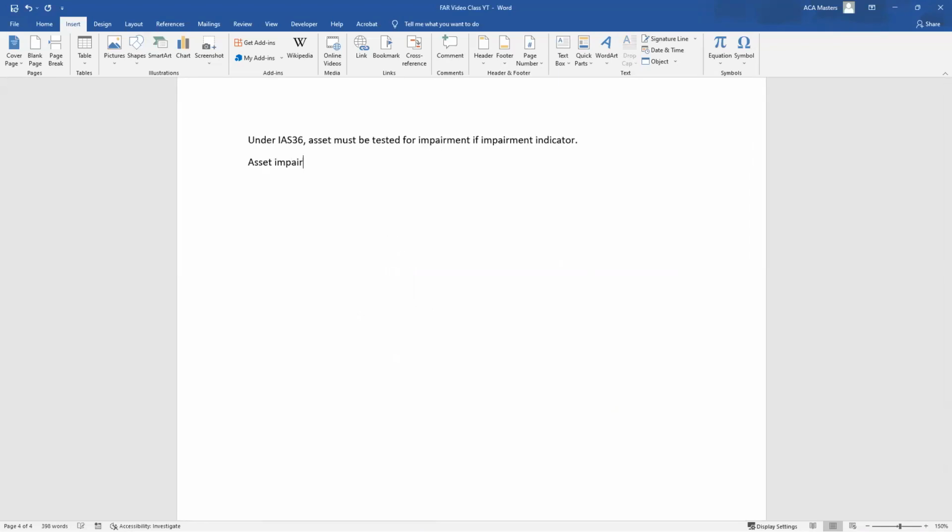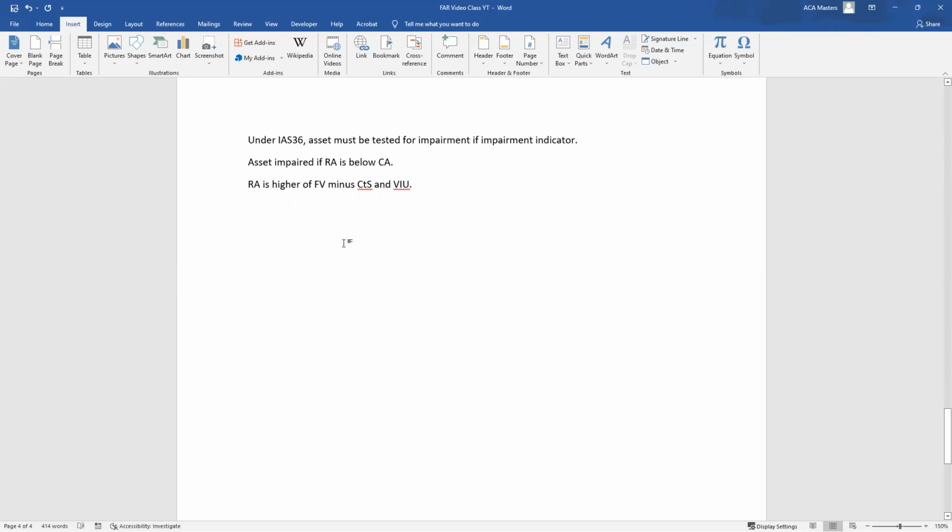An asset is impaired if its recoverable amount is below its carrying amount, and you could put that recoverable amount is the higher of fair value minus cost to sell and value in use. So then we could apply it to the scenario.